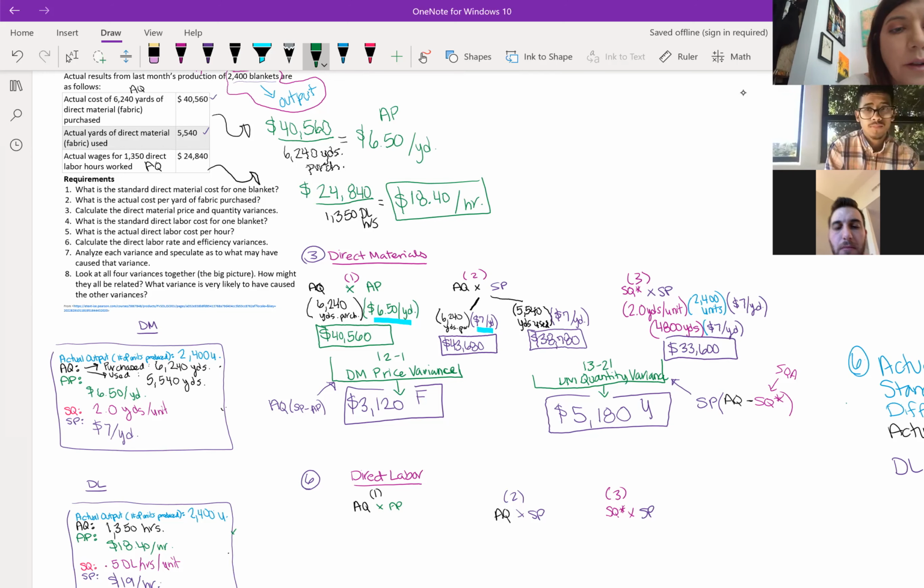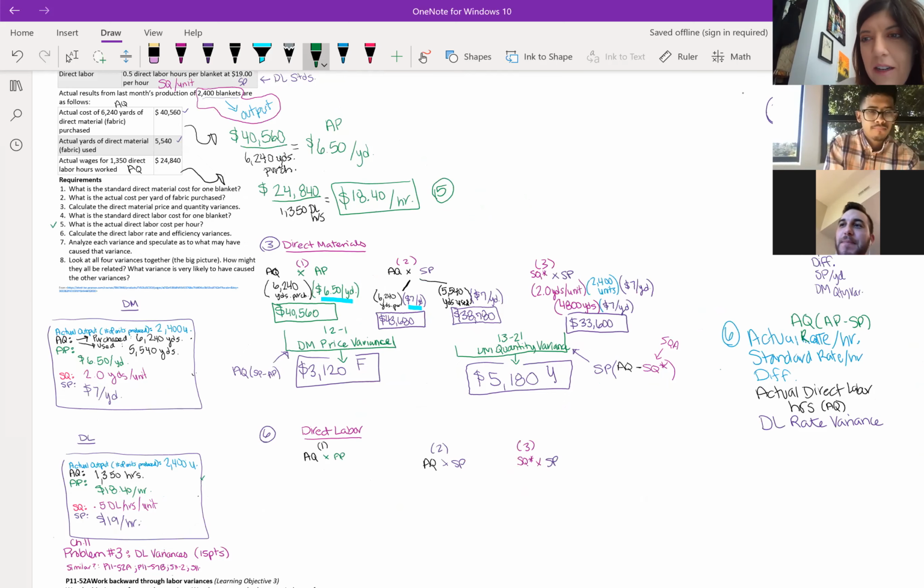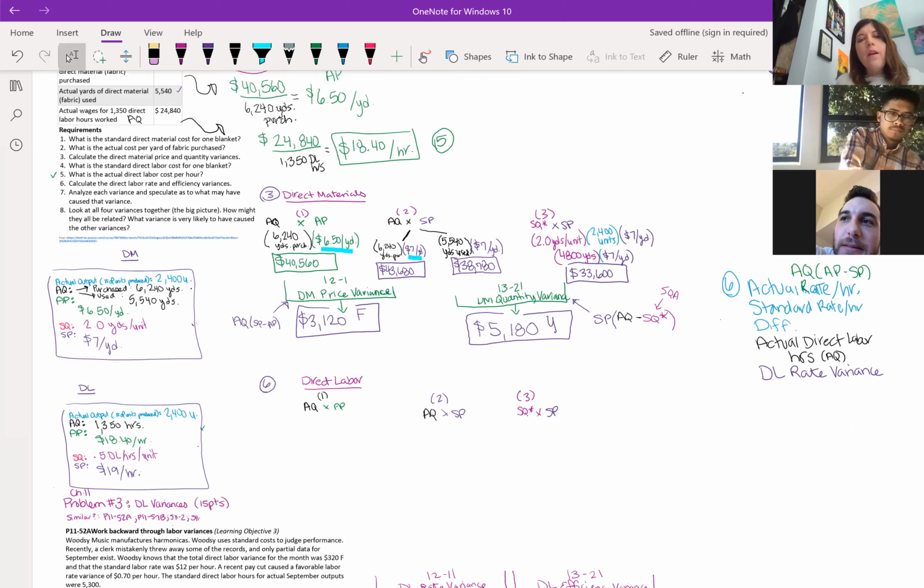So this actually answers question number 5 right here. What is the actual direct labor cost per hour? There's our answer. So we can just check that one off. We figured that one out. Don't have to come back to it. Okay.